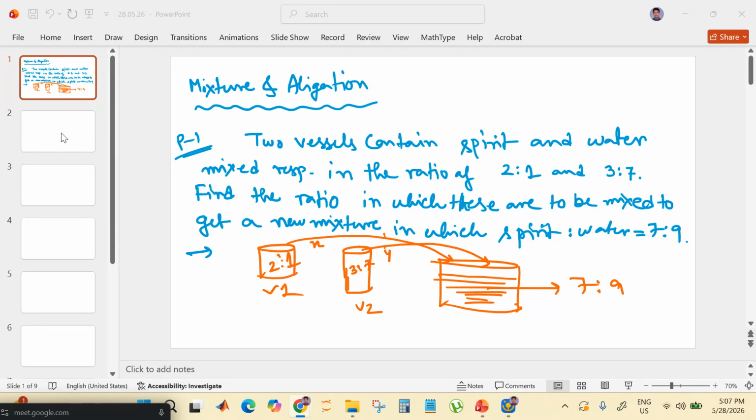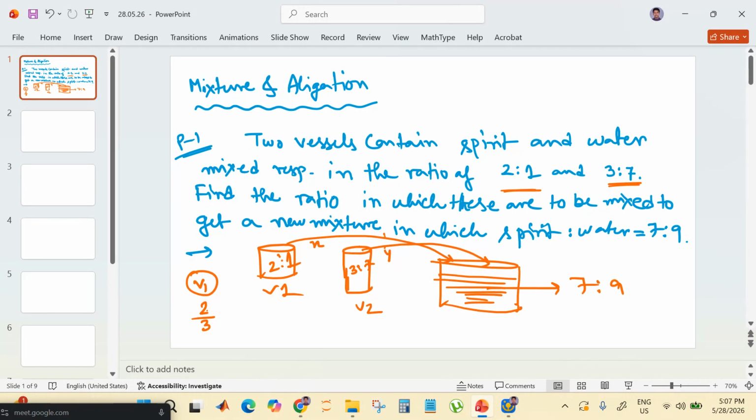You have to check the ratio. It is 2:1, and it is 3:7. 2:1 means 2 upon 3, so 2 out of 3 parts is spirit for vessel 1. I am talking about the spirit only.